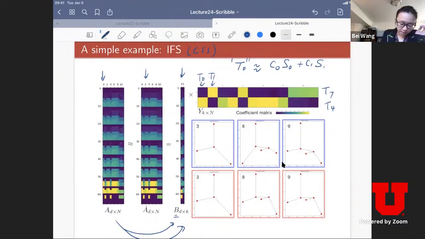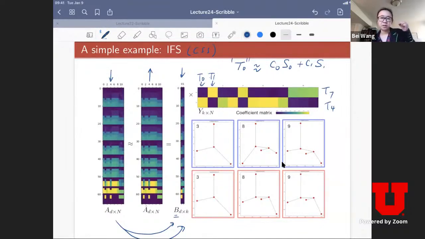For each of those columns there is a particular input tree. If I did matrix sketching, I take a column of A hat and convert it back to a tree. That's what you see in the red box. So think about tree 3 as an input tree in blue, and the bottom in red is a sketched tree.